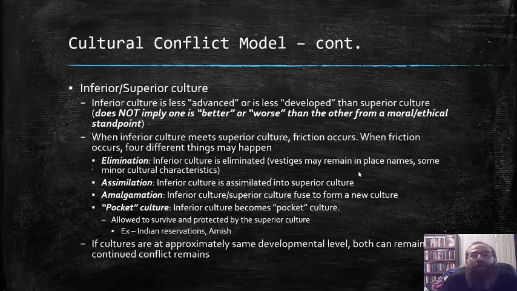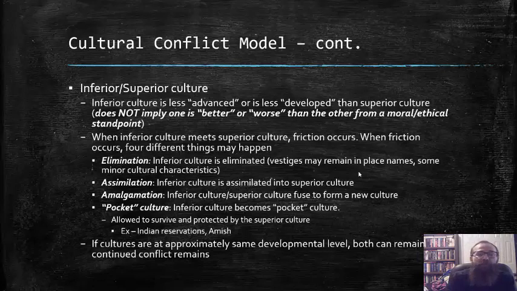Third, amalgamation. The inferior culture and the superior culture fuse to form a new culture. And last, what we term a pocket culture. The inferior culture remains within the larger milieu of that superior culture, but becomes sort of a pocket within it. It's allowed to survive and protected by that superior culture.